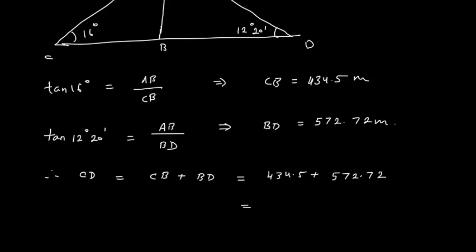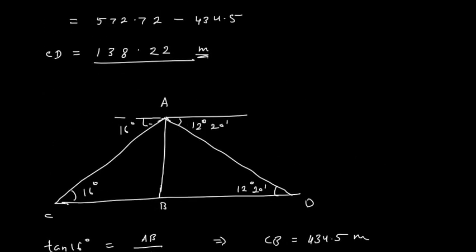So here 2 we write, then 7 plus 5 is 12, so I will write 2 again, 1 carry. Now 4 plus 1 is 5, 5 plus 2 is 7. So here 7. And then here 3, 3 plus 7 is 10, and then 5 plus 5 is 10. So it is 1007.22 meter. Okay, this is the value of CD. Right.